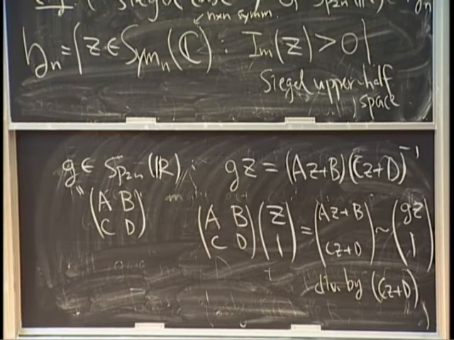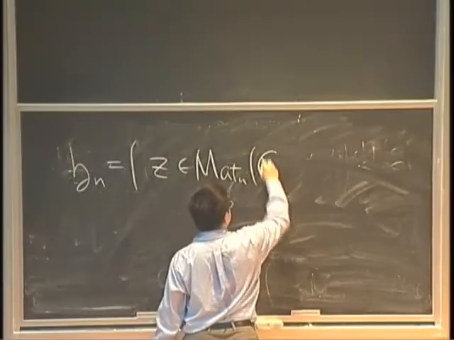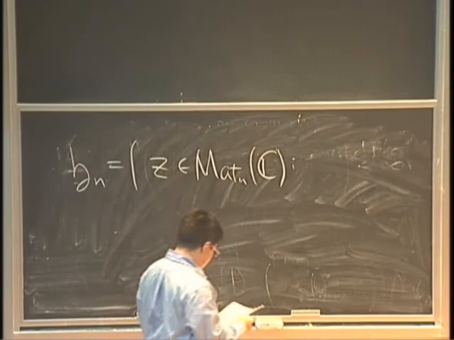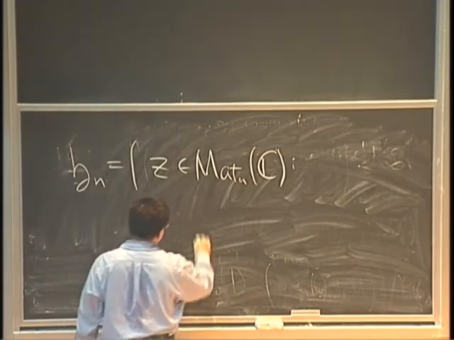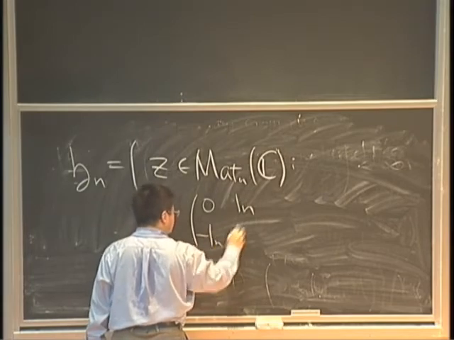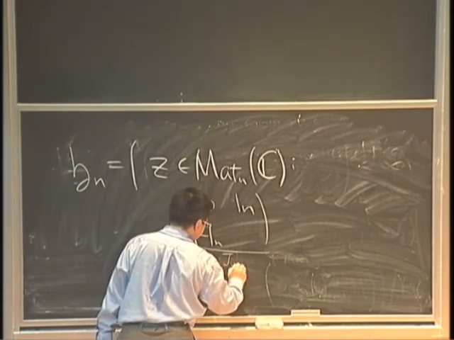So for example, I would like to rewrite this as follows. I write Z as all the n by n matrices which satisfy something as follows. This is the J_n I had, if you remember.